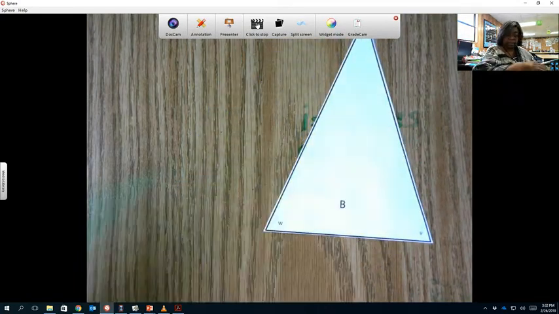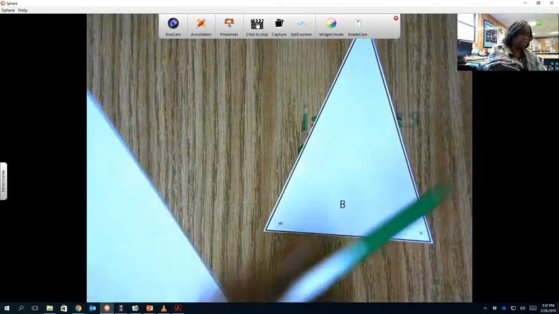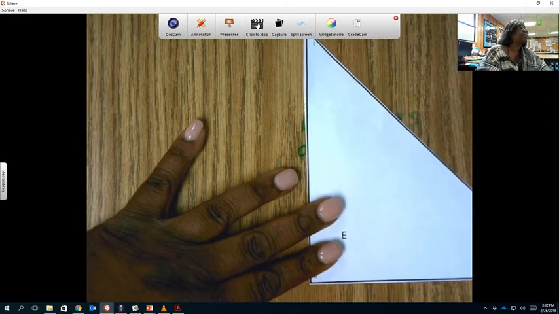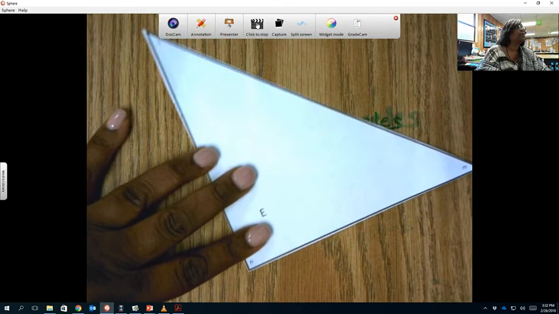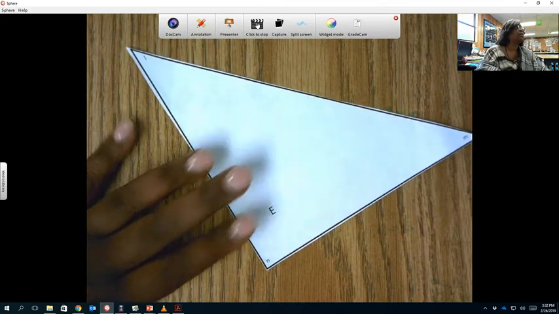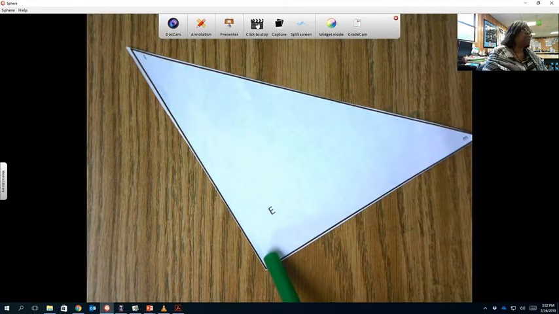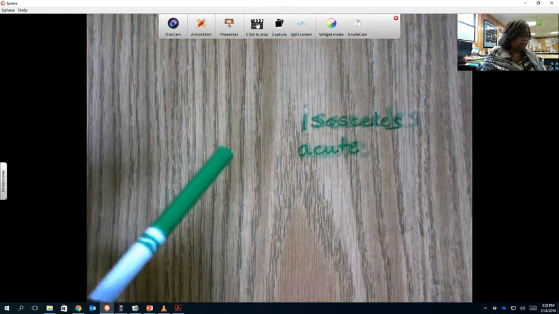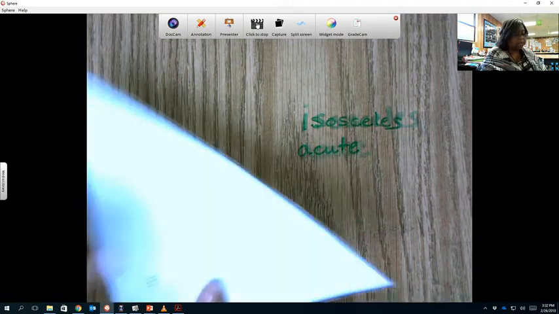Okay, let's see if I can do one more. All right, my triangle's kind of big here. I have a right angle here, so I know it's a right triangle, and I know that if I folded this in half, then I would get the same on each side.